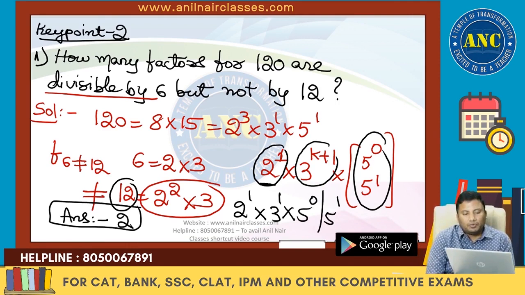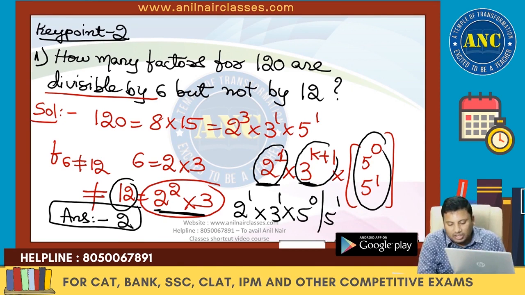A factor which is divisible by 6 but not by 12. 12 means it is 2 square into 3. Because it is not divisible by 12, power of 2 cannot be 2 square. It has to be 2 power 1. For it to be divisible by 6, minimum power of 3 should be 3 power 1. So it is of the form 3 power k plus 1.